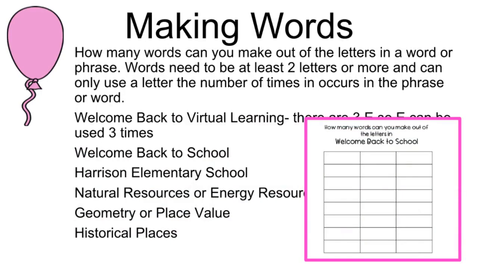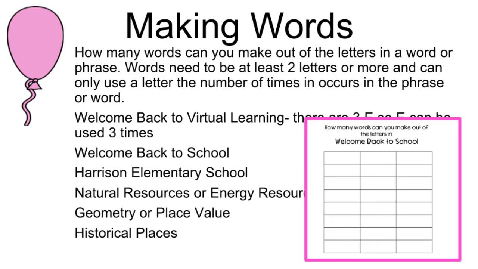Making words is an old activity where you try to see how many words you can make out of the letters in Welcome Back to Virtual Learning. There are 3 E's, so E can be used 3 times.